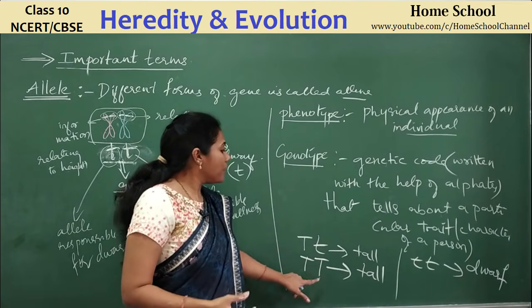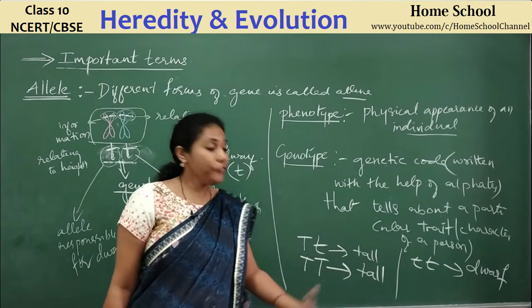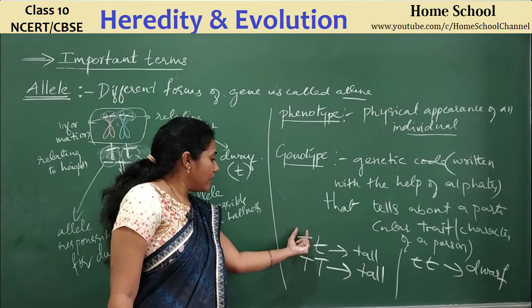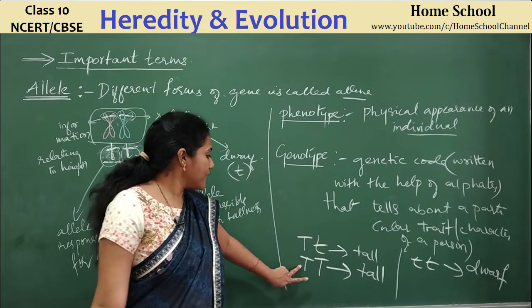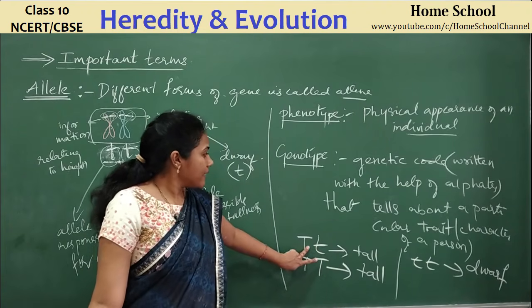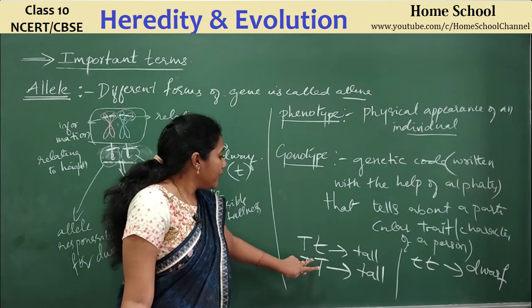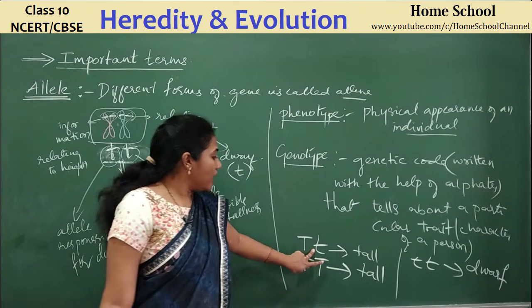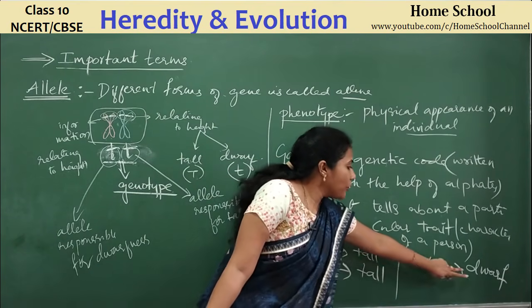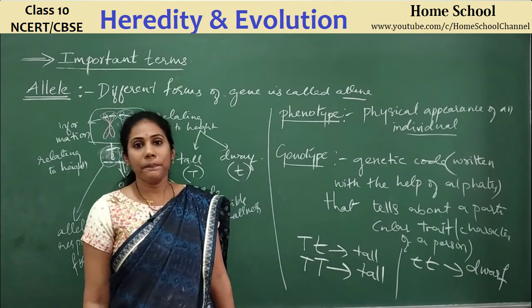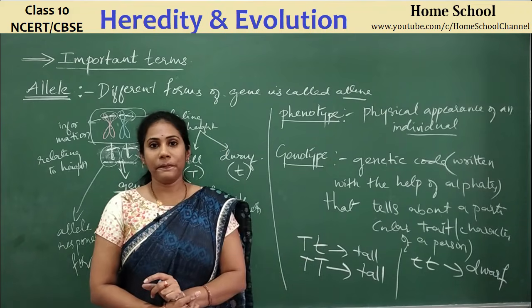Looking at the genotype also, you can decide whether a person is tall or dwarf, if you know what is a dominant character and a recessive character. If you know tall is dominant, then looking at this genotype you can tell the person will be tall. If small t is recessive and you have both small t's, the person will be shorter. So this is all about genotype.